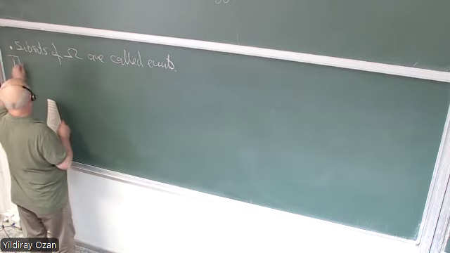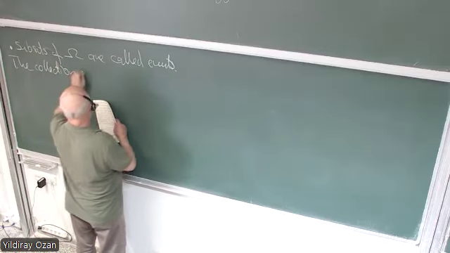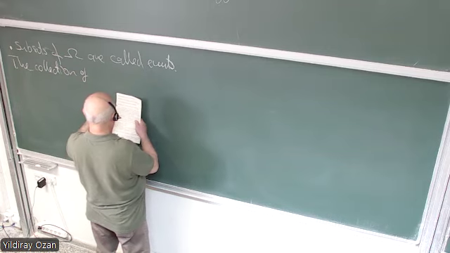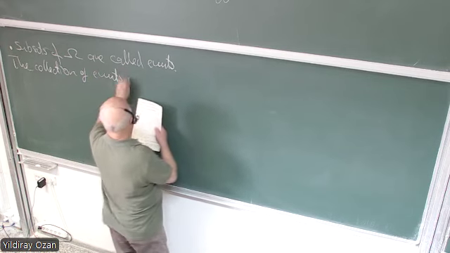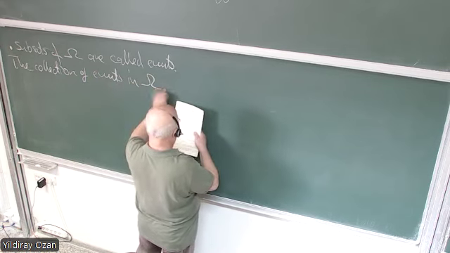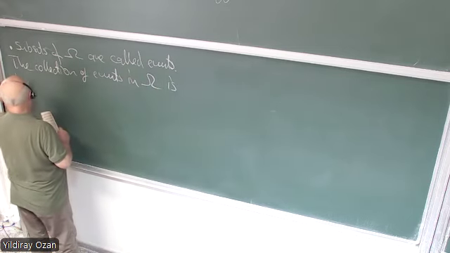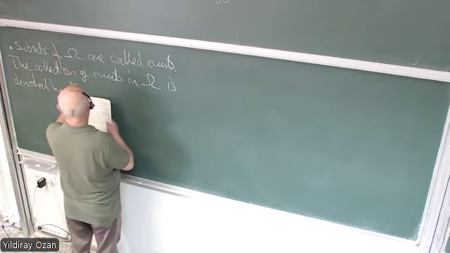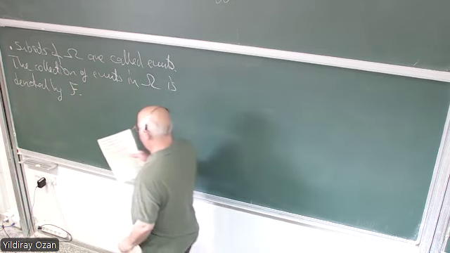The collection of events in omega is denoted by curly F.